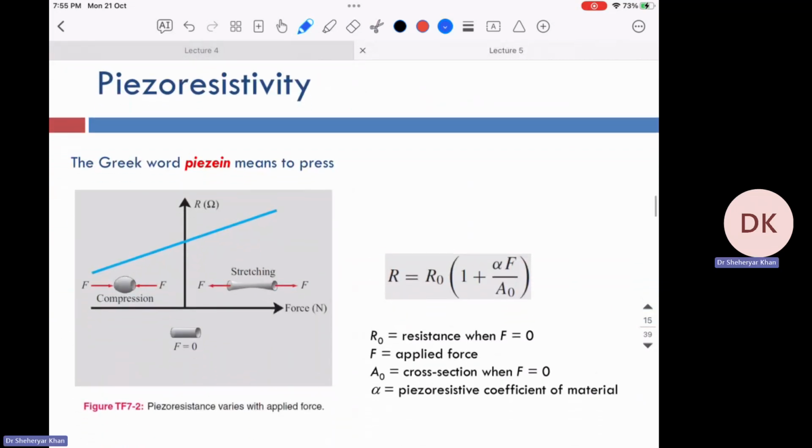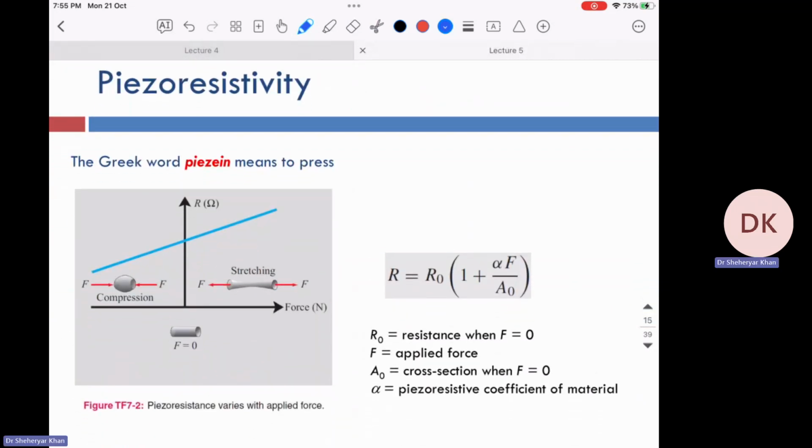build the same idea in instrumentation. If you look at the different types of instrumentation, you would see that we can create the resistance equivalent of any physical quantity. For example, pressure or force.